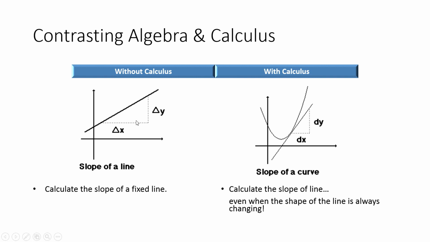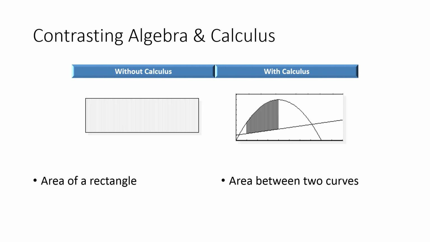Without calculus, we can find the slope of a fixed line by using the formula rise over run, but calculus helps us calculate the slope of the line even when the shape of the line is always changing. That is, we can find the slope of the curve at some point. And without calculus, we can find the areas of some specific shapes, like rectangles, trapeziums, triangles, circles.